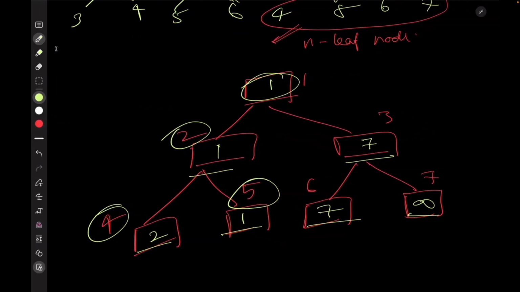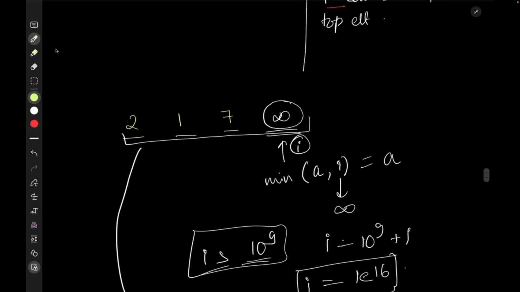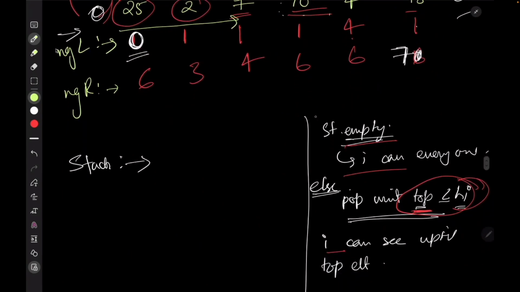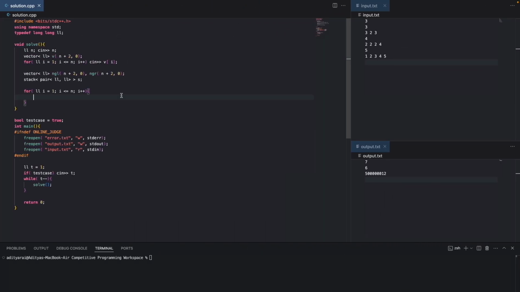What we did was, we iterated from left to right and followed these set of rules. While our top element was less than or equal to the current element, we kept on popping that element out. We kept on removing that element.